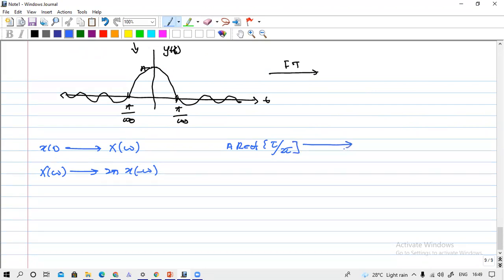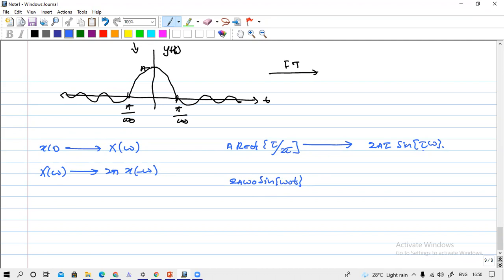And for the frequency domain signal, we have 2Aτ sinc(τω). And instead of ω, we have here 2Aω₀ sinc(ω₀t).